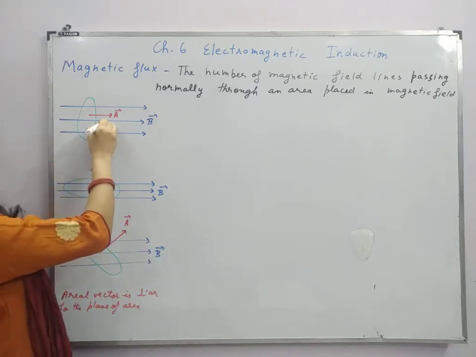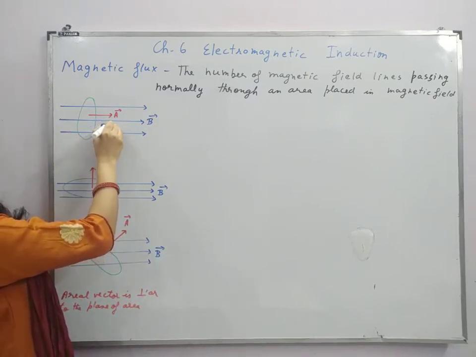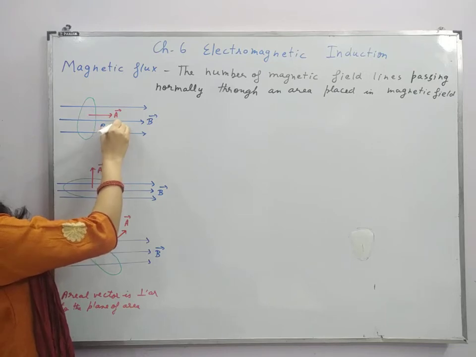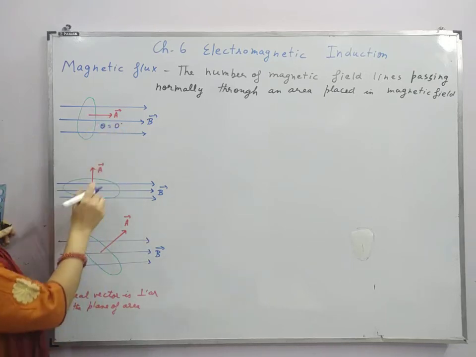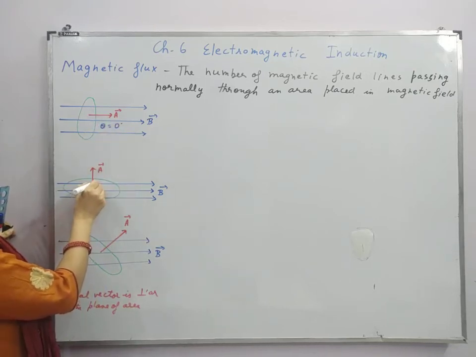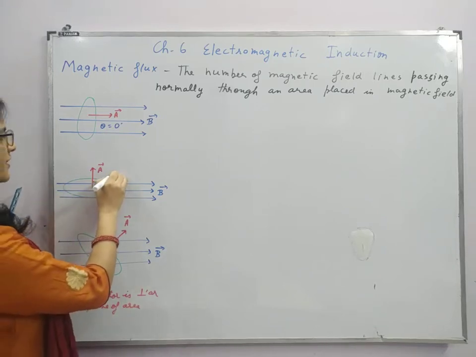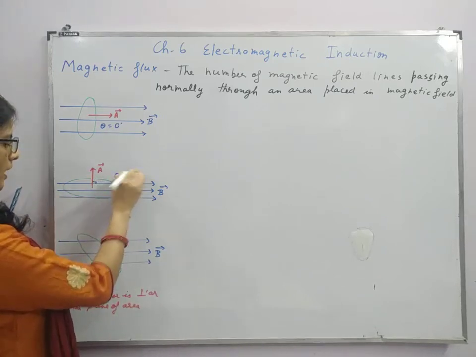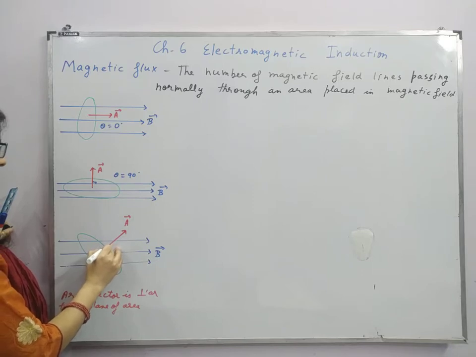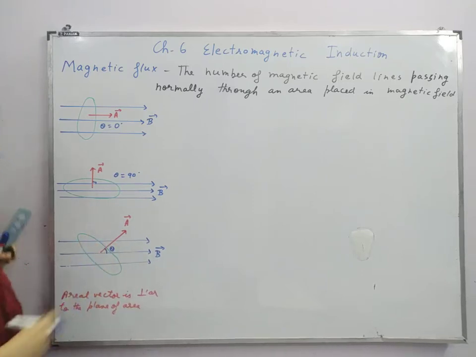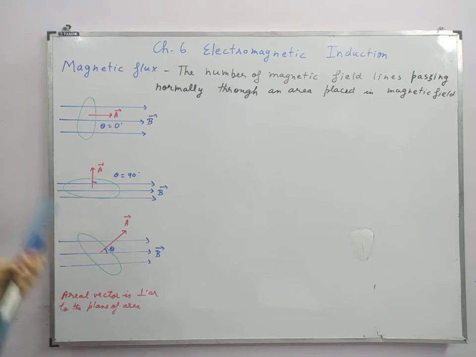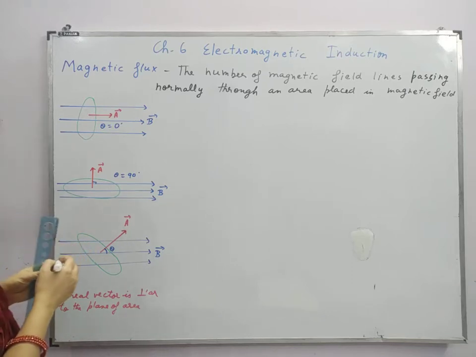In this case the angle between the area vector and magnetic field is 0 degree. In this case the angle between area vector and magnetic field is 90 degree, and in this case it is simply written theta. Now if we are talking about the third case, we can draw the perpendicular and the parallel components of the area vector.